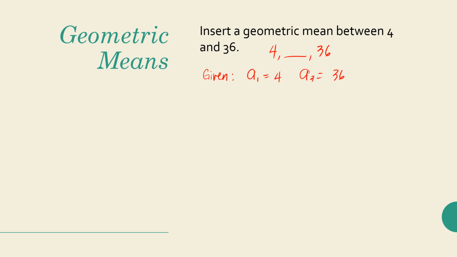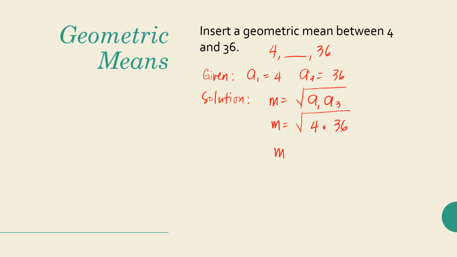and a sub 3 is equal to 36. Now, our solution. Since there is only one geometric mean, you have to use the formula, which is m is equal to the square root of a sub 1 times a sub 3. With that, we have m is equal to the square root of 4 times 36.